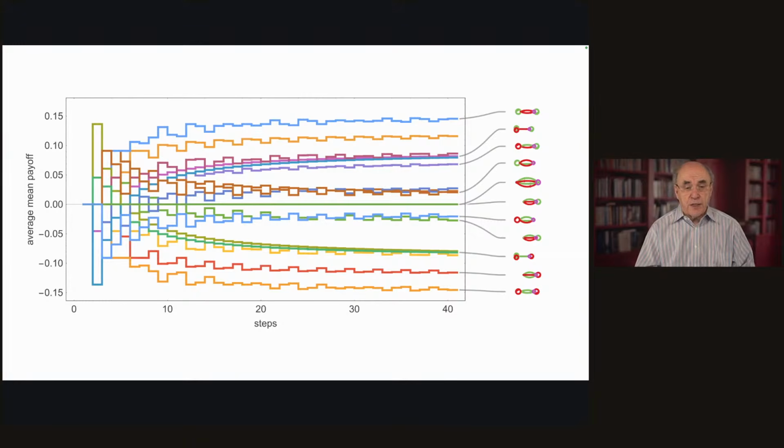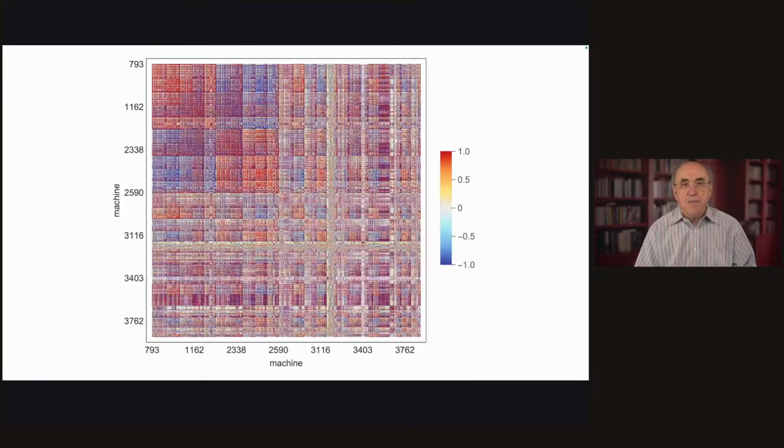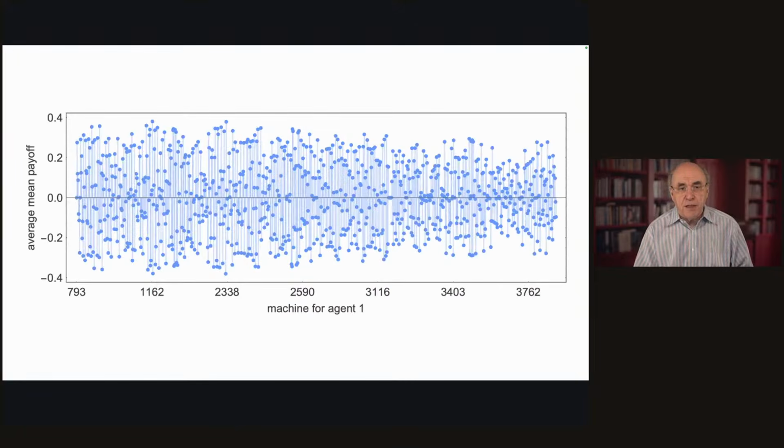All right, let's talk about three-state finite state machines. So there are 496 distinct machines with three states, and the corresponding competitive array after 1,000 steps, showing the payoff for agent one, is this. So the average mean payoff for each of the machines, i.e., the average across each row in this competitive array, is then shown here.